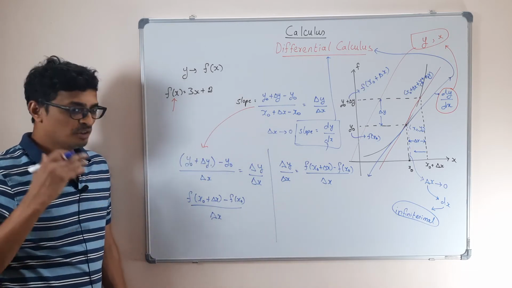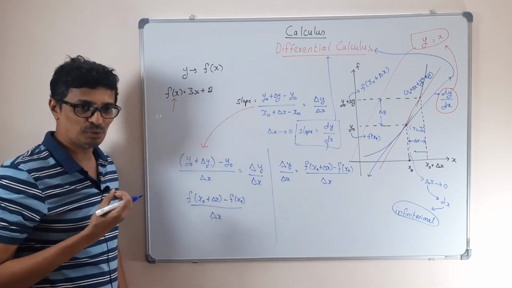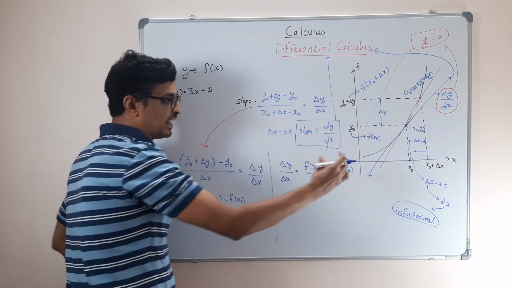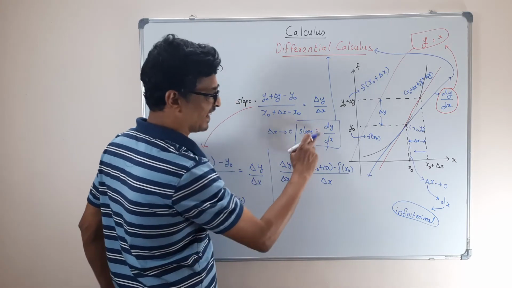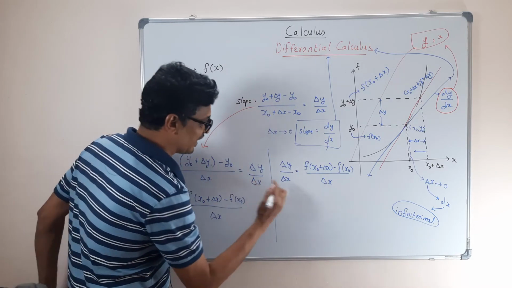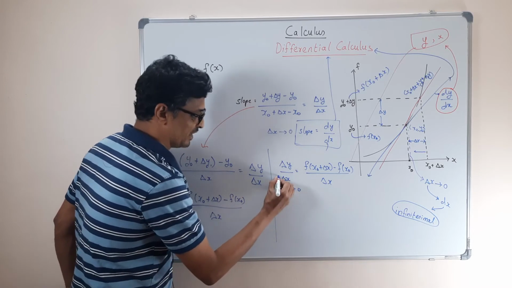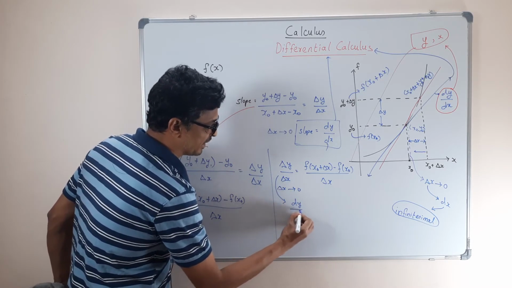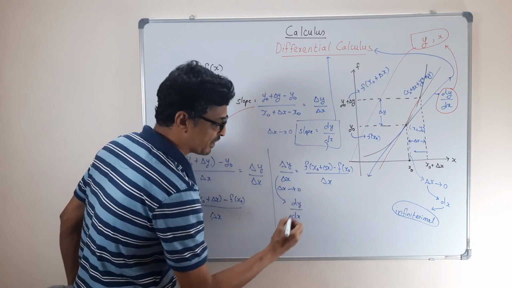Now the moment delta x approaches 0, that's our differential, right? When delta x approaches 0, this is going to become dy by dx.